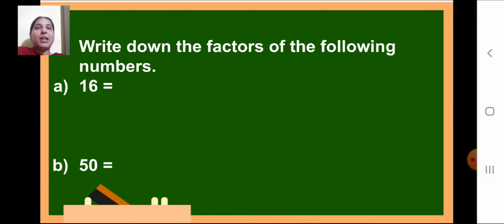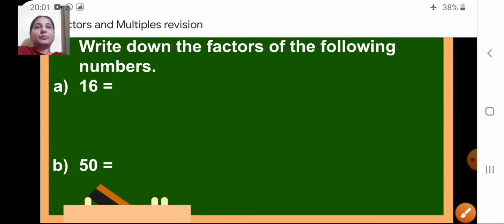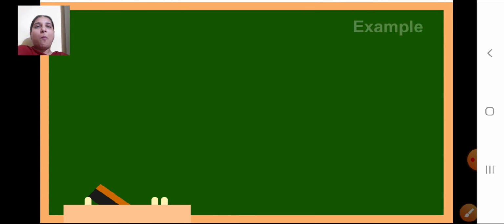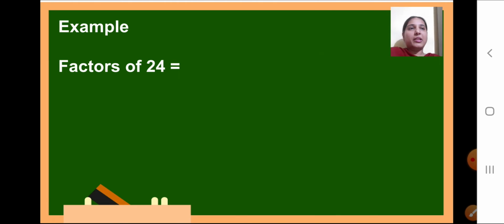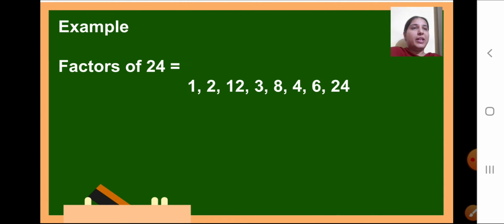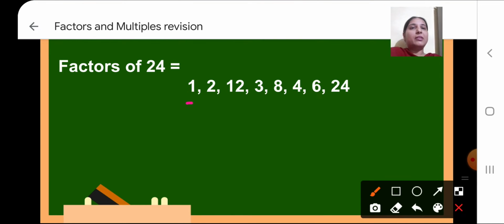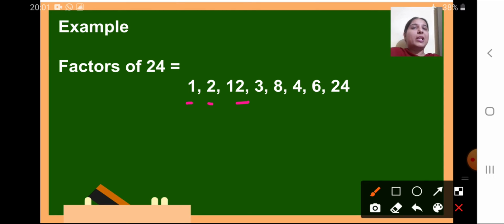Now let's see one more example, the factors of number 24. You will get 1 as a factor, then 2 twelve times gives 24, 12 twos are 24, then 3 eights are 24, then 4 sixes are 24, and then the multiplication table of 24 itself.